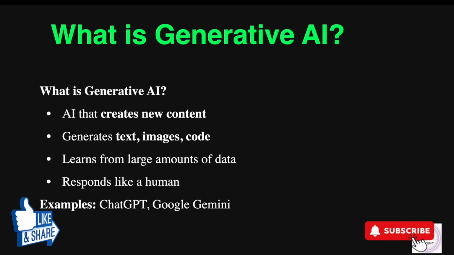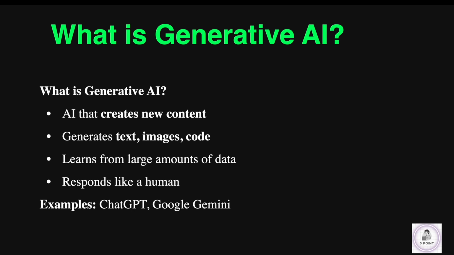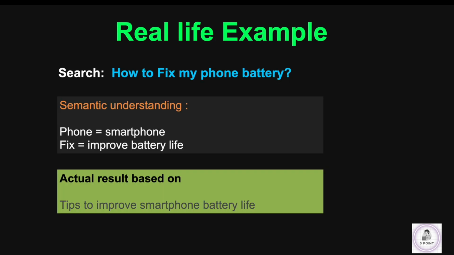Nowadays generative AI is so popular, and I think everybody needs to be aware of the latest AI technologies. So let's take a real-time example to understand generative AI in a better way.